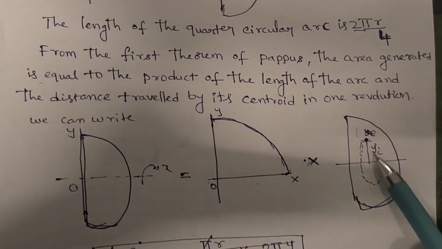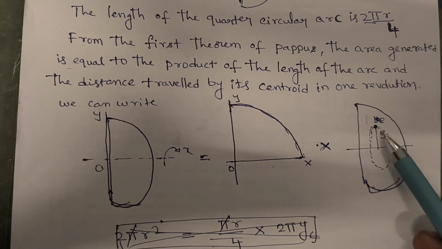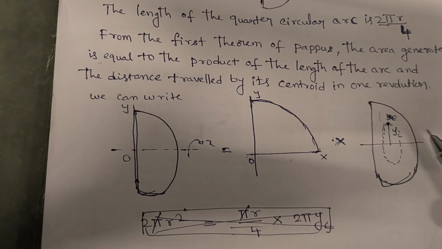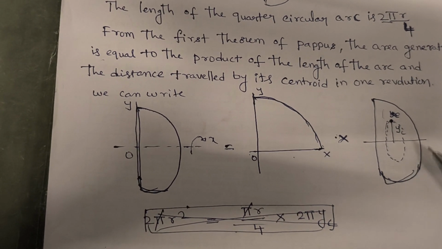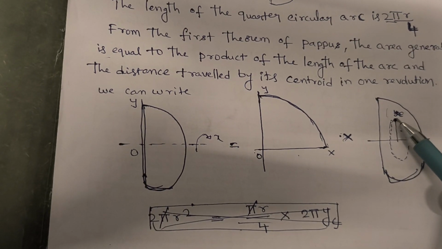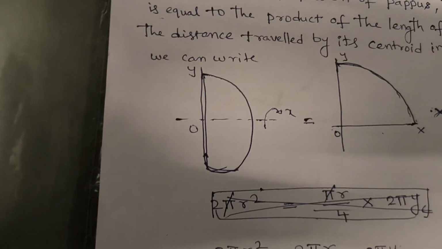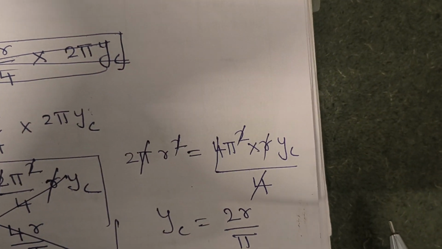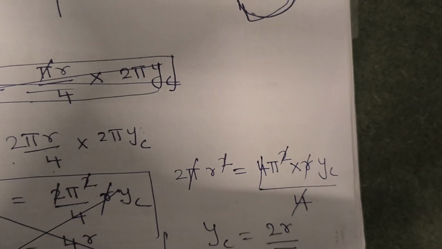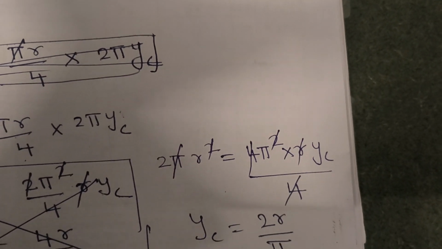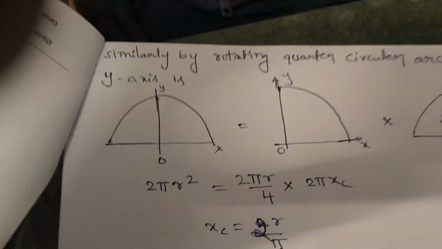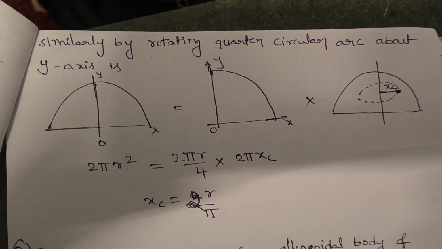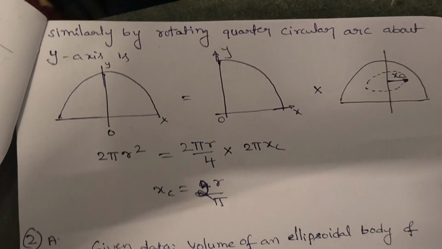The radius of the centroid is yc, so the distance covered is 2 pi yc. If you solve this, you will get yc equal to 2r by 5.